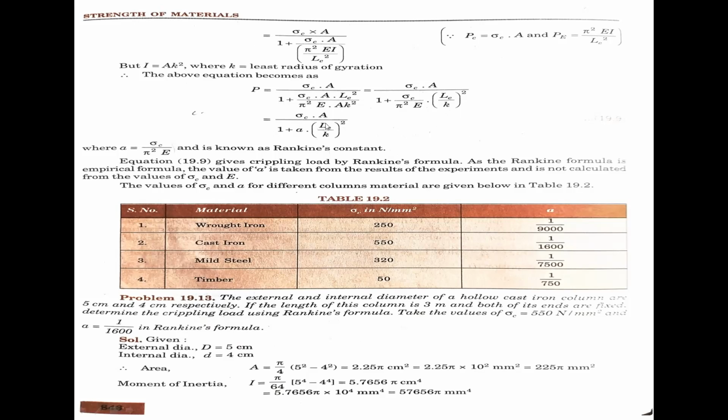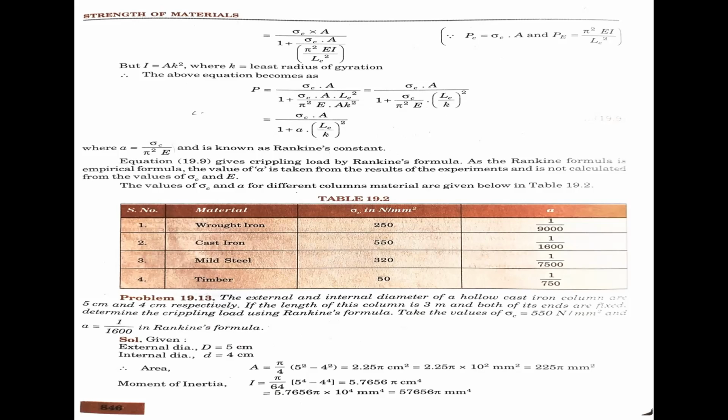Now that equals sigma C into A divided by 1 plus small a into Le by K whole square, where small a equals sigma C by pi square E and is known as Rankine's constant.